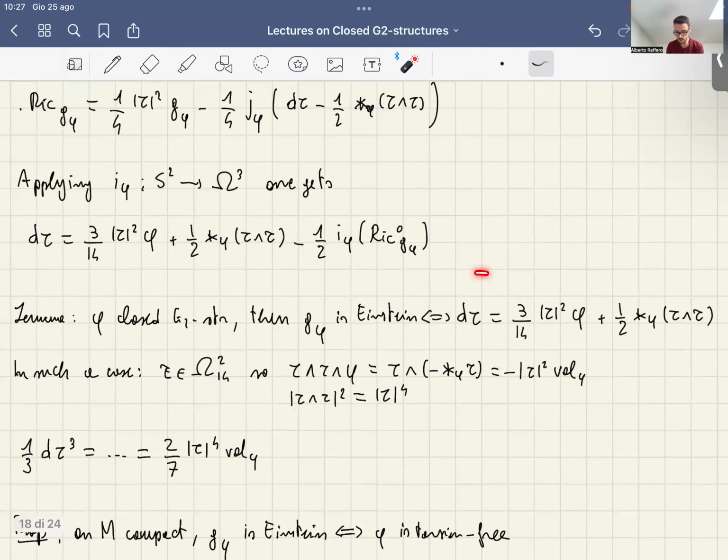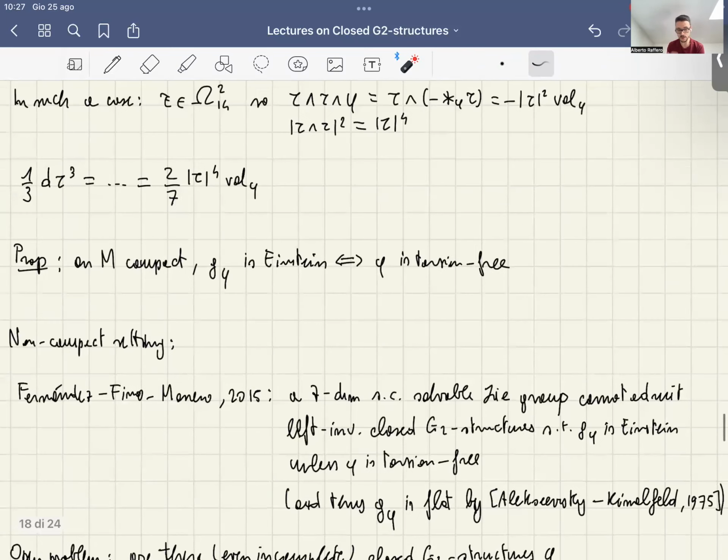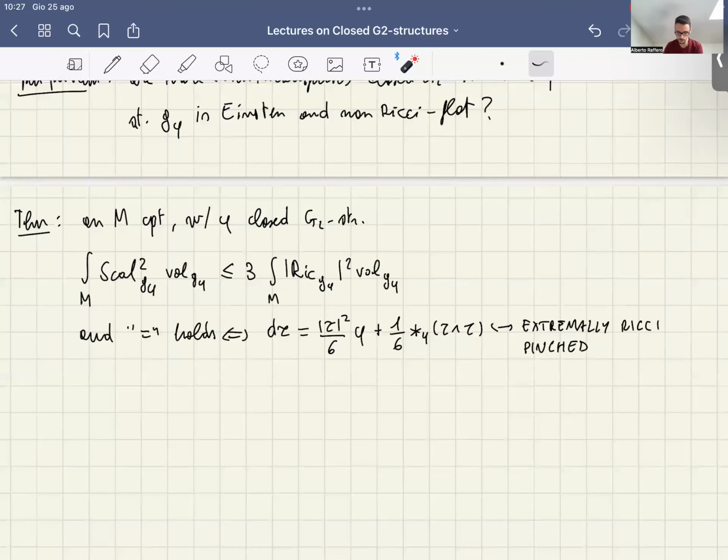They are in some sense similar. You have similar summands appearing with different coefficients. And in fact, both these conditions here are instances of a more general condition that you can impose on tau that defines the so-called class of quadratic closed G2 structures, which was, for instance, deeply investigated recently by Ball.